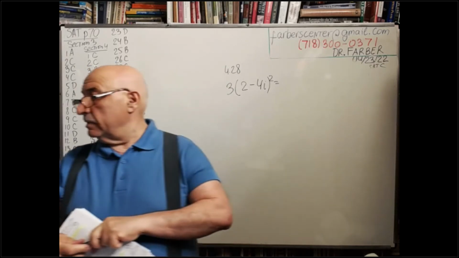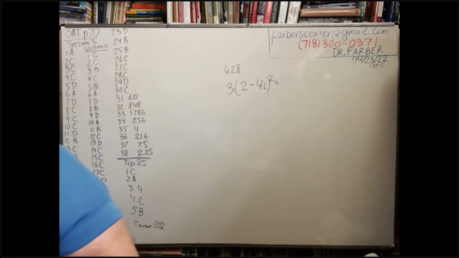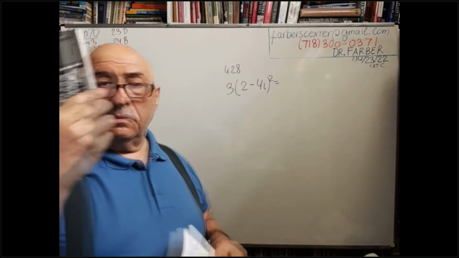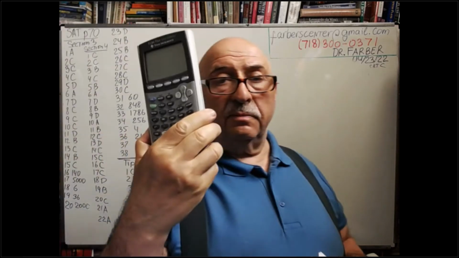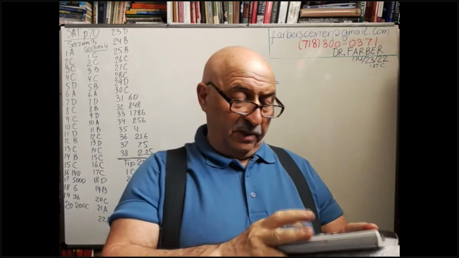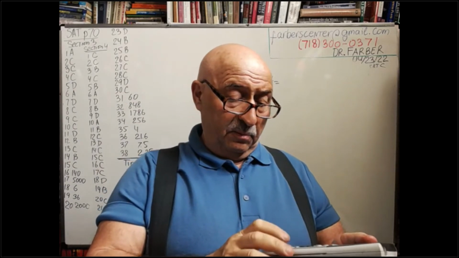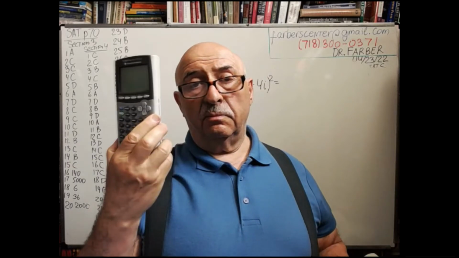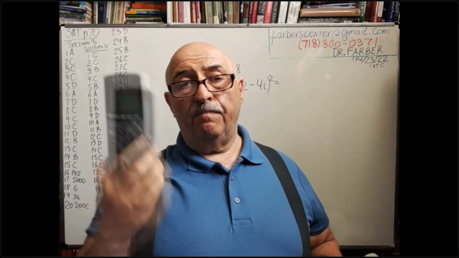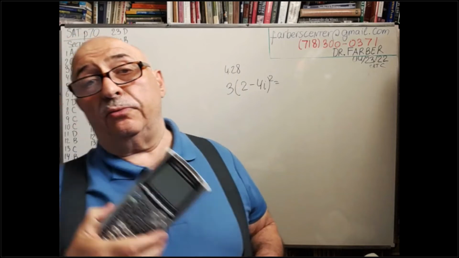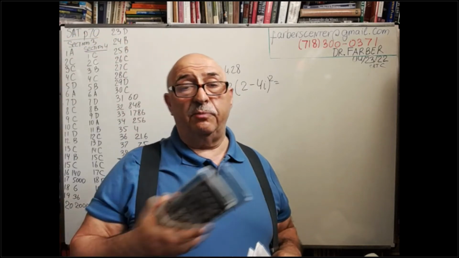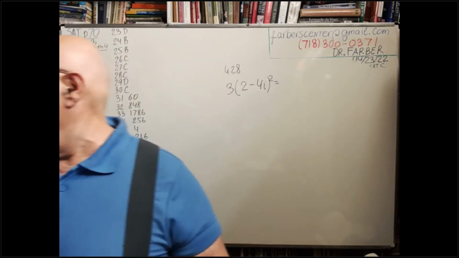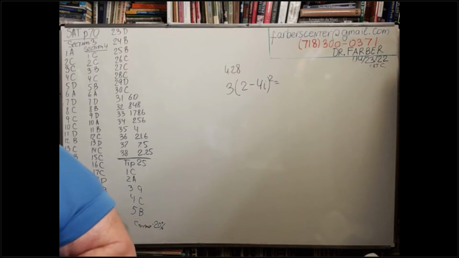You can do this: use the TI-84, input this data, put it to the second power, and you get the answer. Okay. But it is a good idea to know how to do it without a calculator, because what if they put this question in section number 3? It's not prohibited to use a calculator for this.